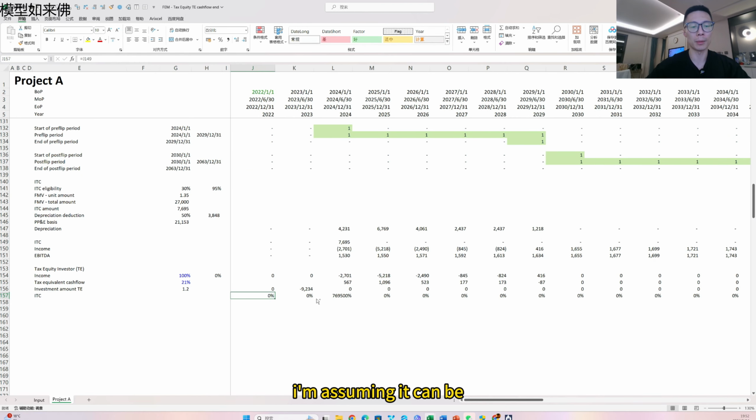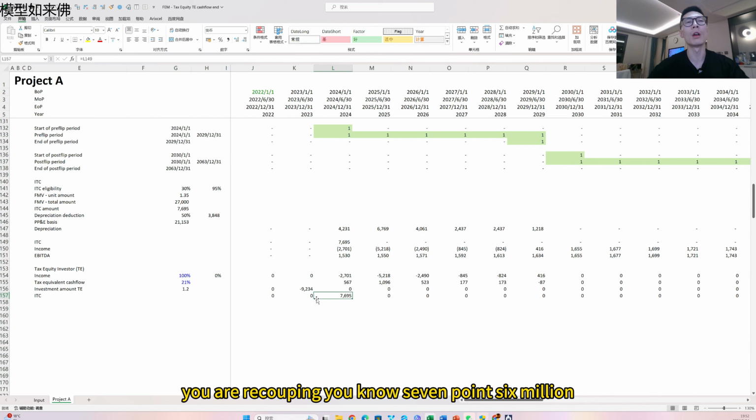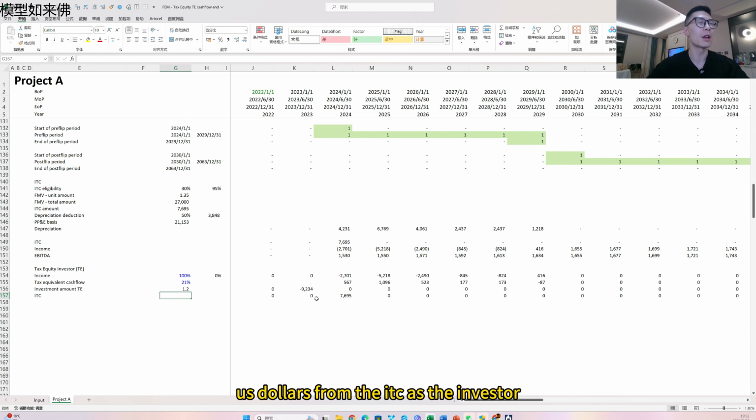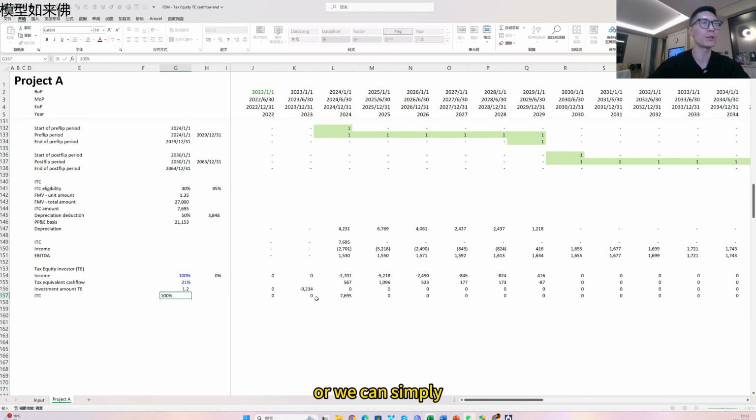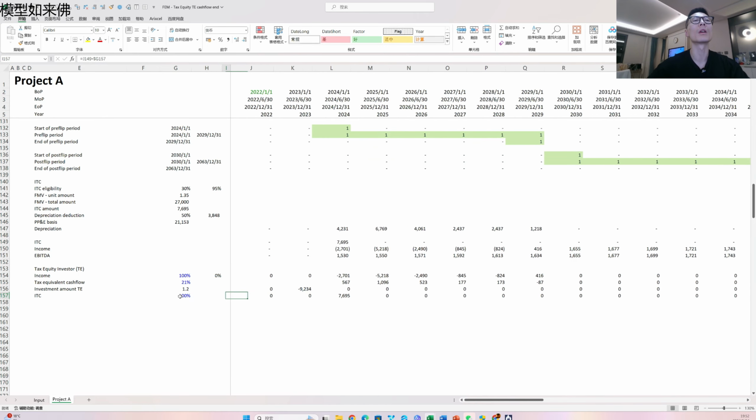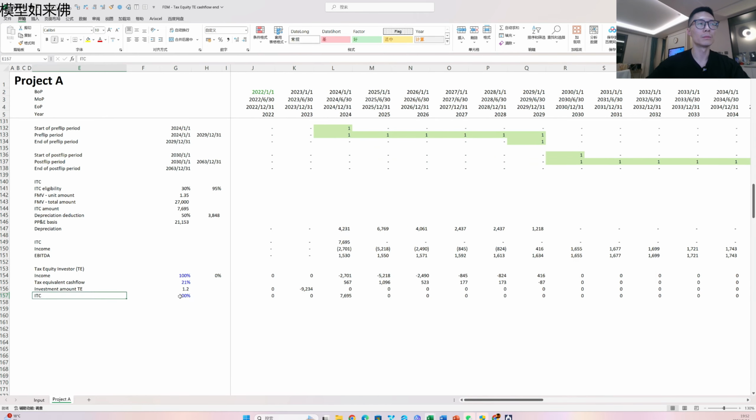I'm assuming so in the second year, you are recouping 7.6 million, 7.7 million US dollars from the ITC as the investor, and we're assuming that they can enjoy 100% of the ITC, or we can simply put a percentage here. So we times the 100%. So that's the ITC.